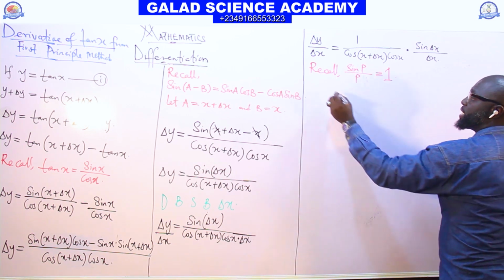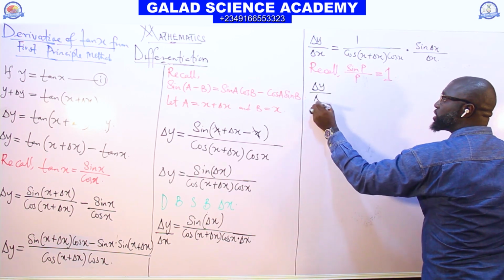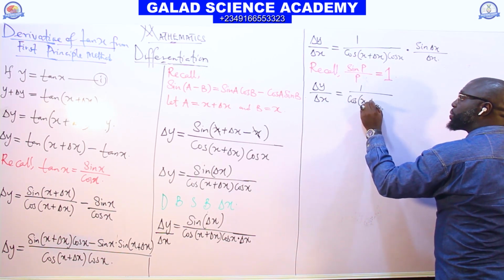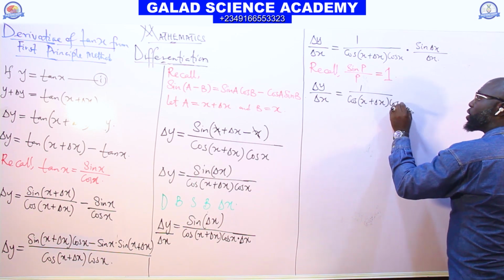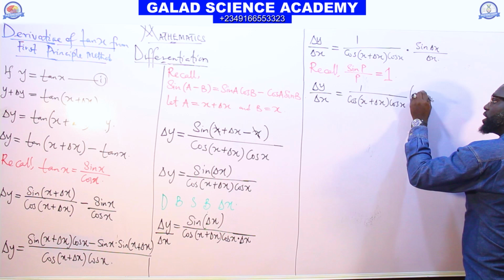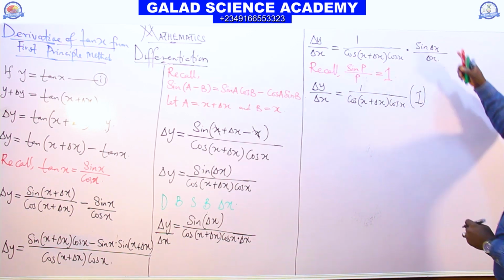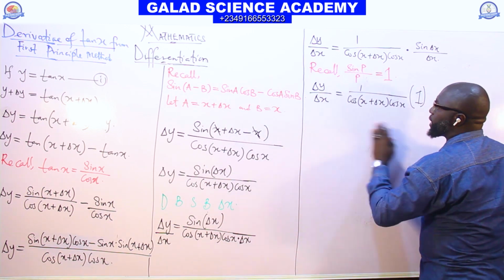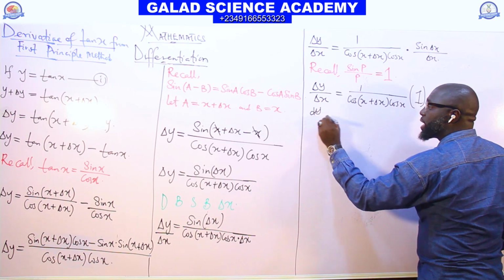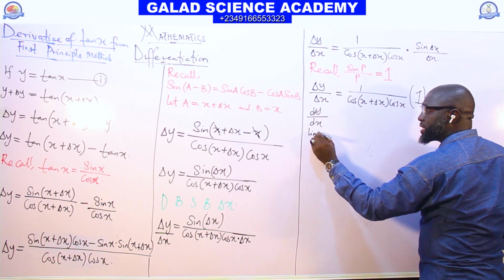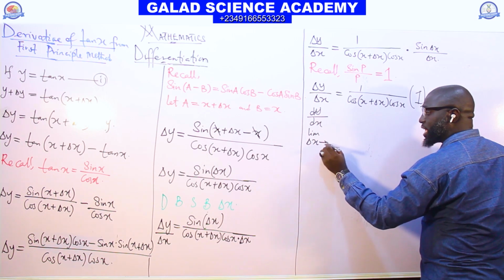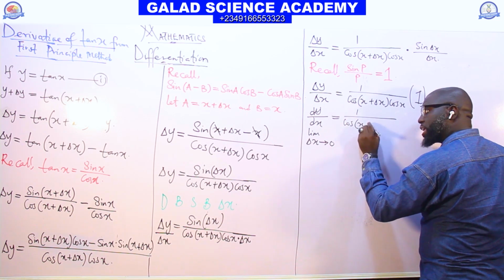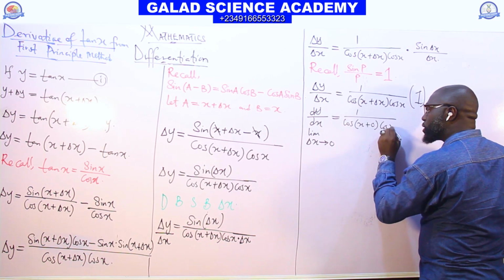By applying this, our equation will reduce to change in y over change in x equal to 1 over cos(x plus change in x) cos x, everything times 1. So we can now conclude that dy dx, the limit as change in x tends to 0, will be 1 over cos(x plus 0) cos x.